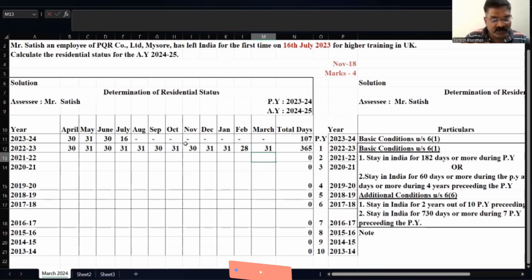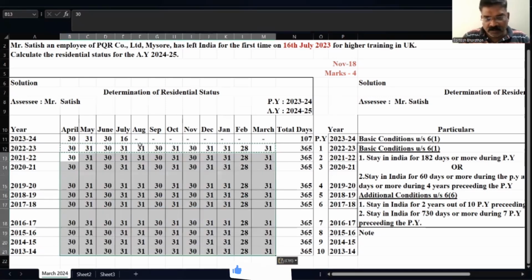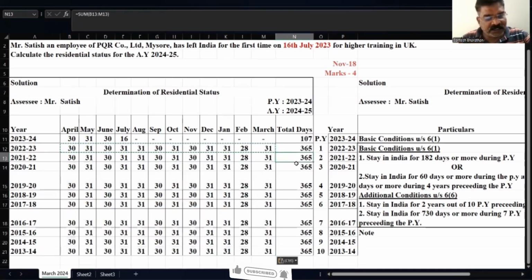The total number of days he was present is 365 days in a year. So what I do, I just copy it and paste for all the years. Okay. So rest all the years he is present for 365 days. Now, this is the first chart. First chart, the calculation of number of days is completed.